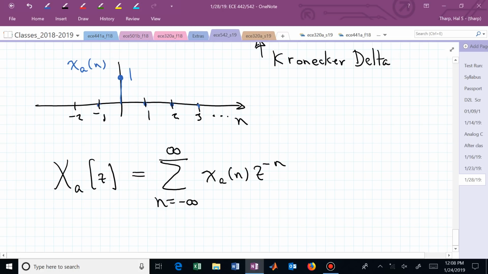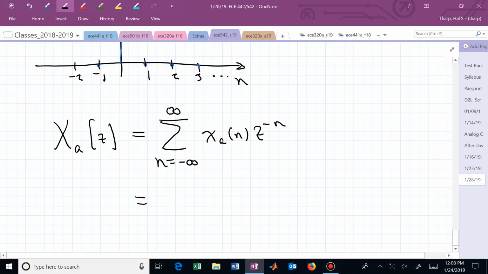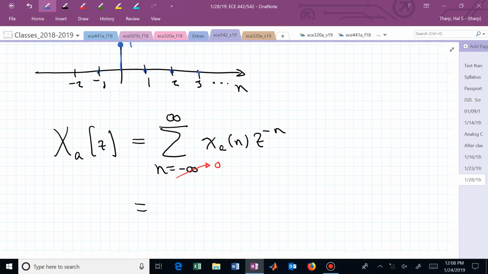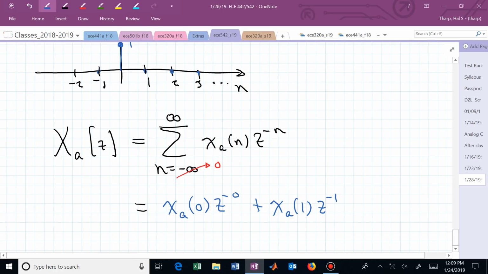We don't even need to worry about values of n less than 0, so let's throw that away and sum from n equals 0 up to infinity. Now we have x sub a of 0, z to the minus 0, plus x sub a of 1, z to the minus 1, plus x sub a of 2, z to the minus 2, and we just keep going. That's what that infinite sum tells us we're doing.